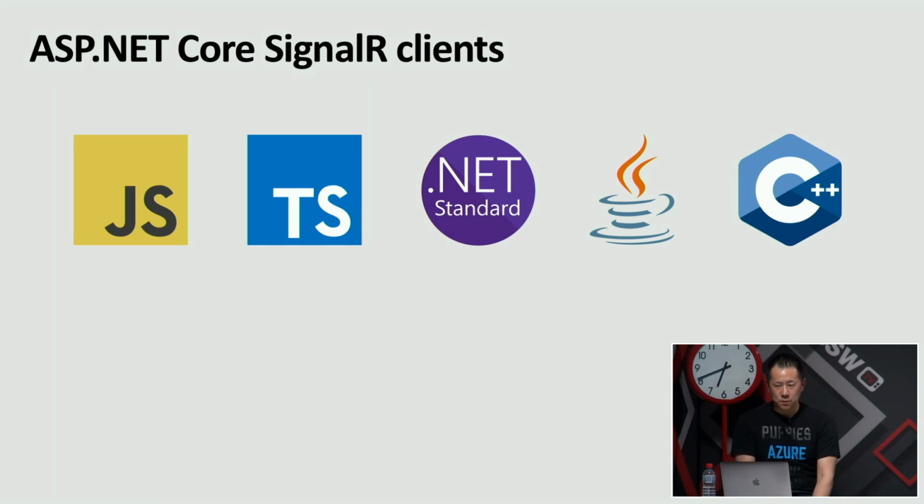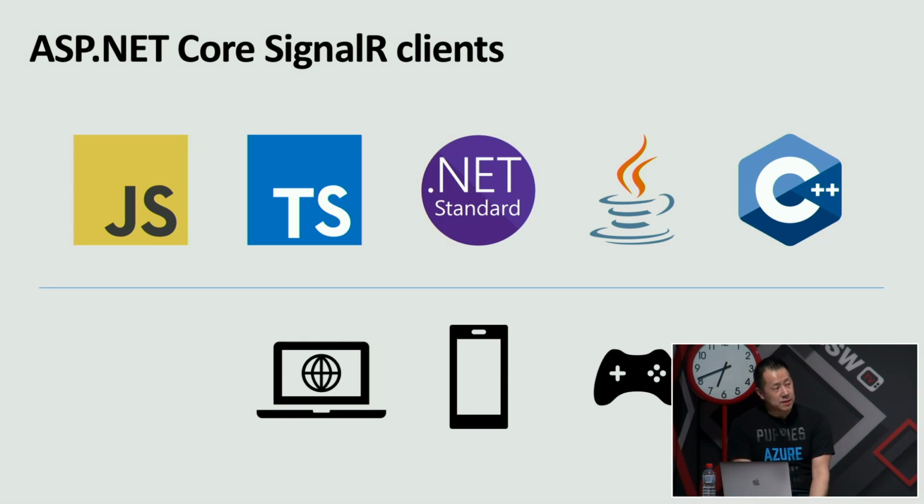And then we also have Java as well. I believe that's still currently in preview. And we're also working on C++. But with these clients, you should be able to target lots of devices. Because I mentioned Xamarin already. Java will allow you to target Java applications, including Android, things like that.